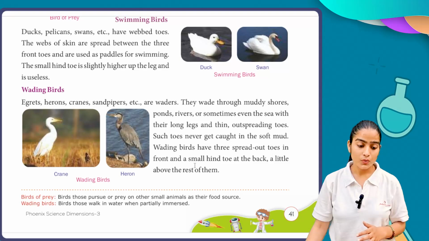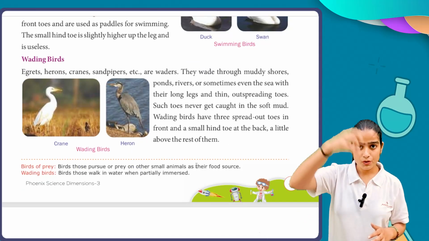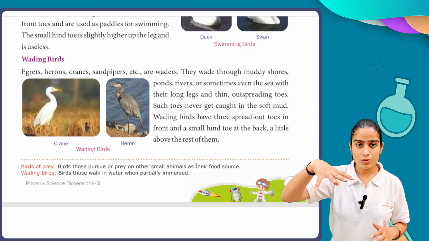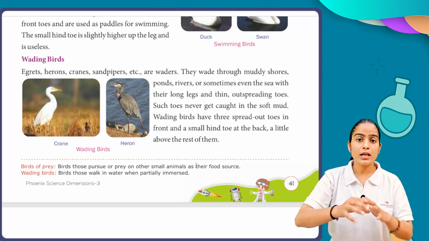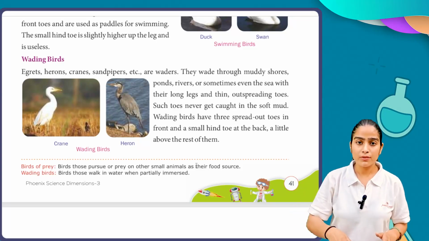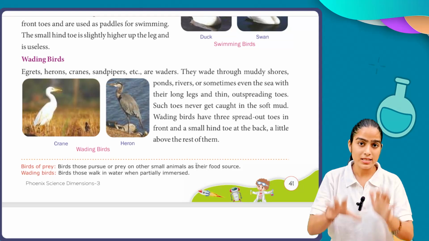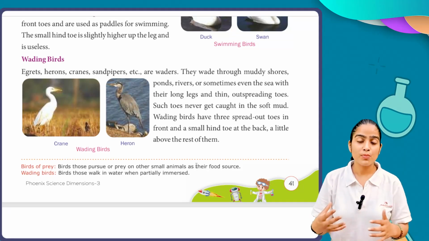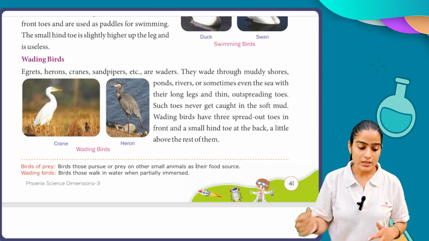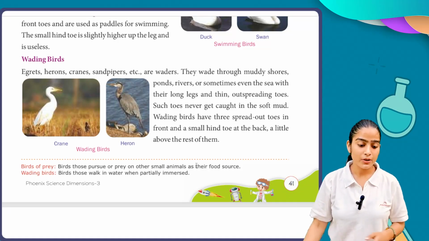So they have long legs which give them height, and the rest of the toes help them stay on top of the river bed. However muddy it is, they never get caught in it, because they have great balance. They can withdraw their feet instantly. So these are the examples: we have the crane and heron, wading birds.